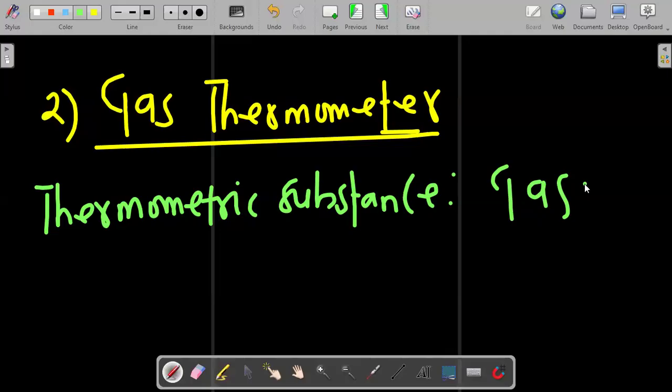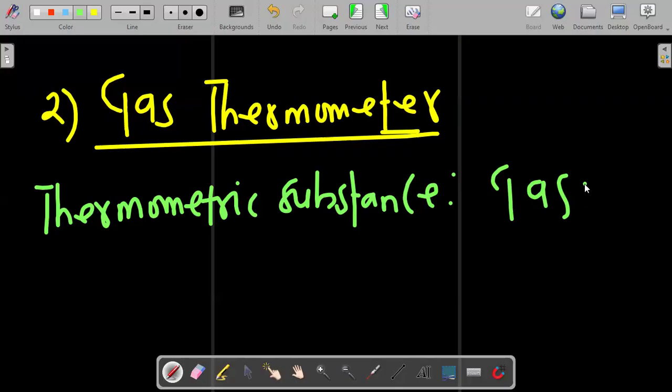So how can it be defined now, sir? Okay, the gas pressure changes with temperature. As the pressure of the gas is increasing, the temperature is also increasing.